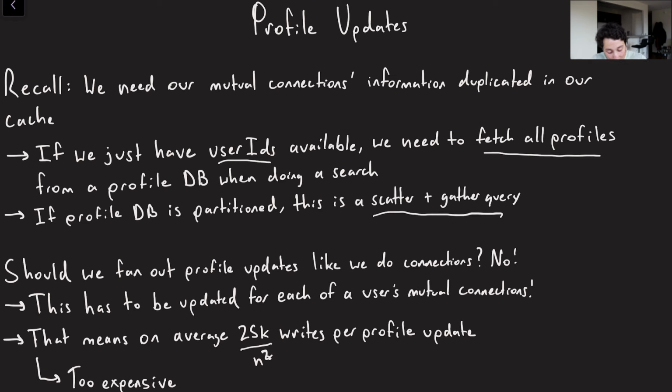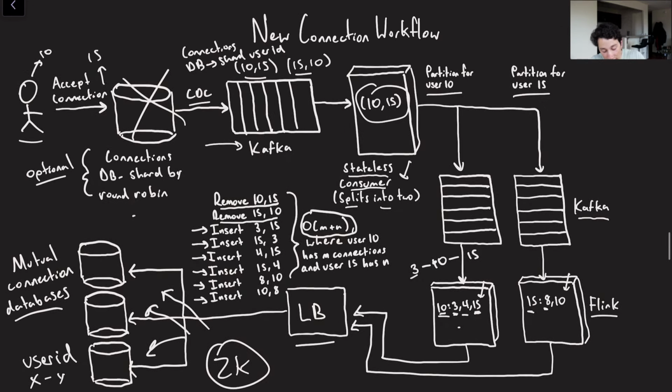So around 25,000 writes. Now, a couple thousand was okay. I think 25,000 starts to get pretty excessive, and it's probably not so feasible. Especially for people who have a lot more than 25,000 mutual connections, this is really starting to be overkill. So it's probably going to be too expensive to fan out all of our profile updates to all partitions of these mutual connection databases over on our left.